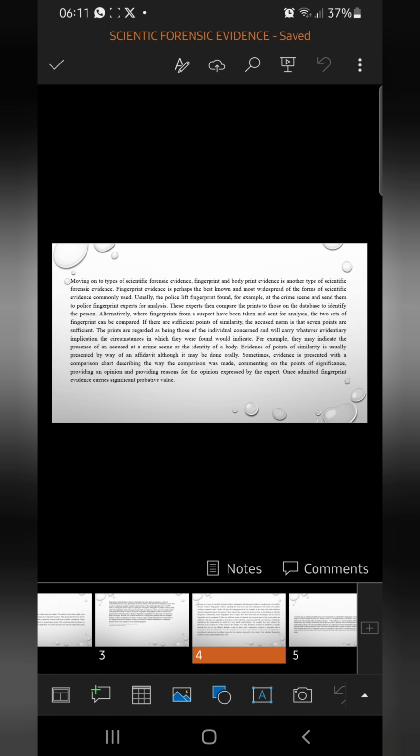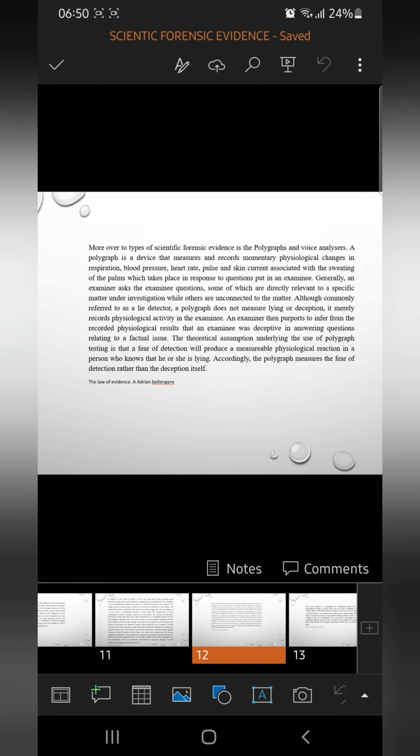Evidence of points of similarity is usually presented by way of affidavit, although it may be done orally. Sometimes evidence is presented with a comparison chart describing the way the comparison was made, commenting on the points of significance, providing an opinion, and providing reasons for the opinion expressed by the expert.